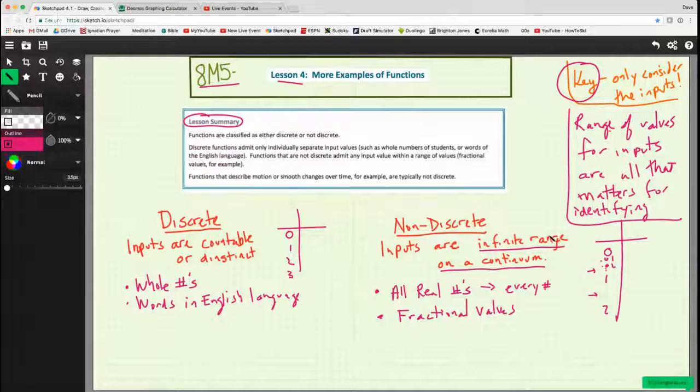Okay. So let's go forward. I usually can hear all these words and I don't really get it until I get some examples. So let's move forward and see if these examples are going to help.